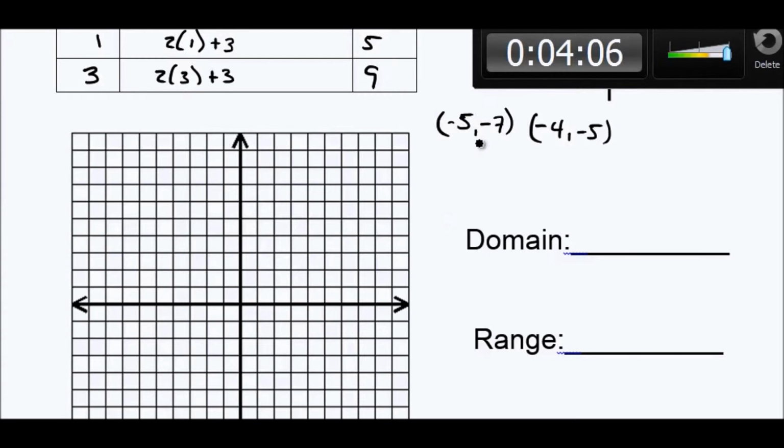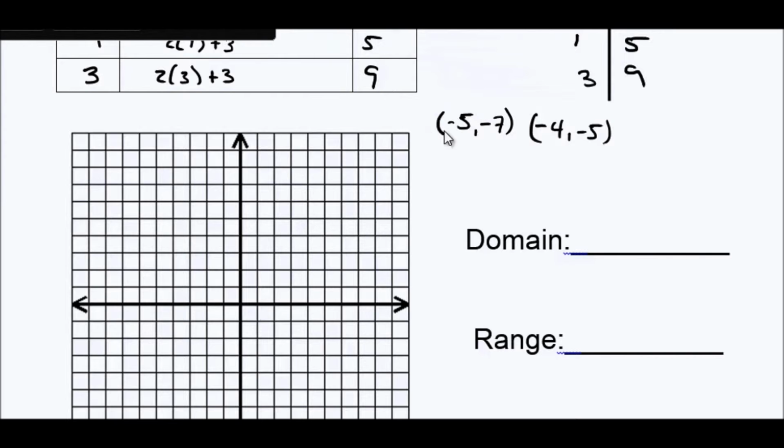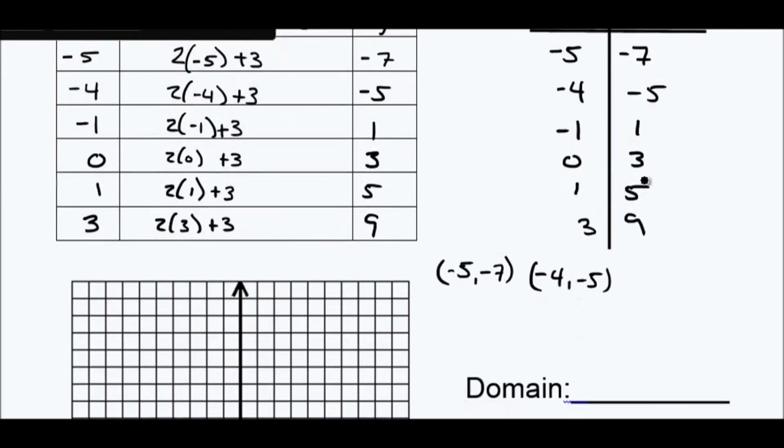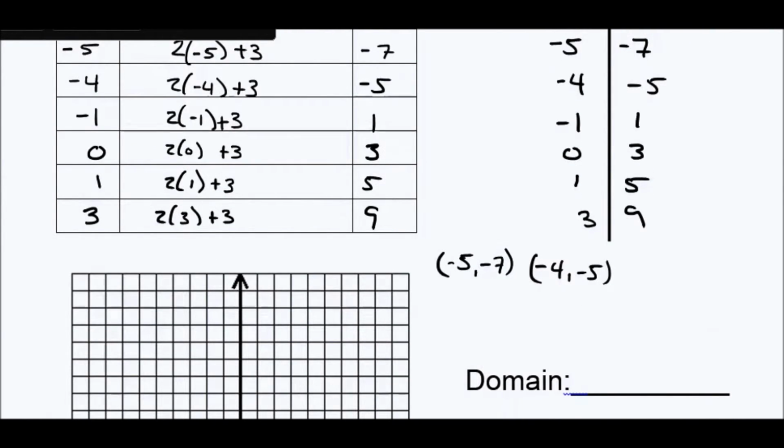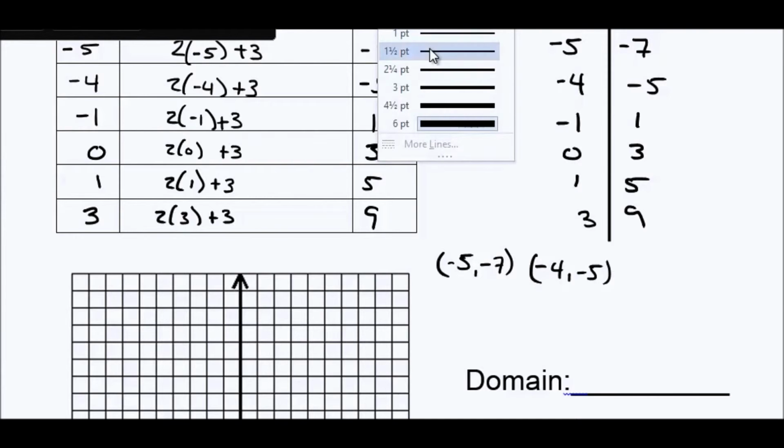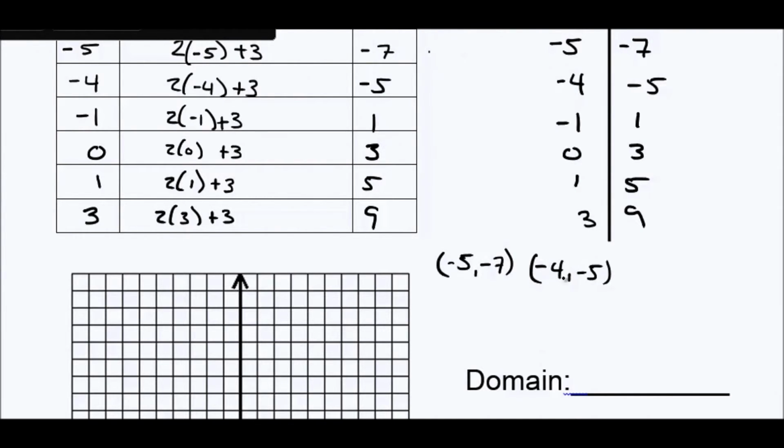I guess it helps if I could see my table, so it does make sense to write it down. -4, -5; -1, 1; 0, 3; 1, 5; and 3, 9. Now increase the thickness and plot my points.